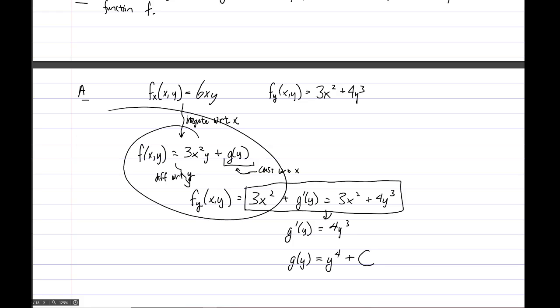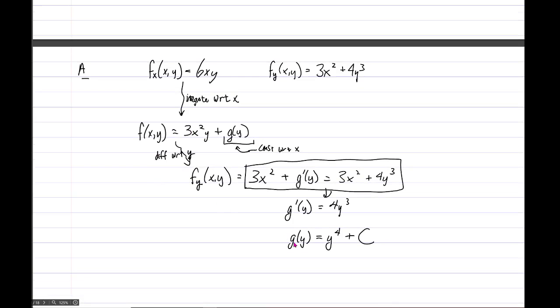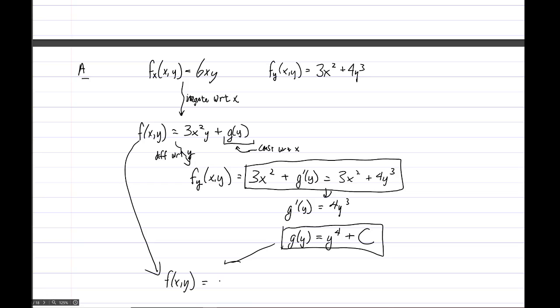We've already taken care of what's going on with x over there. So now that we know what g of y is supposed to look like, f of x comma y should look like 3x squared y plus g of y, and g of y should be of the form y to the fourth plus c.